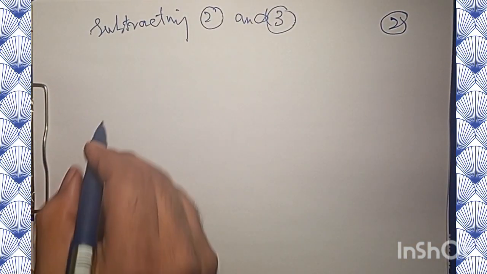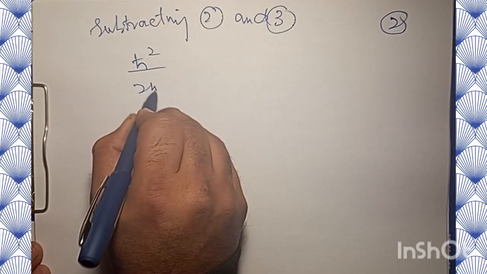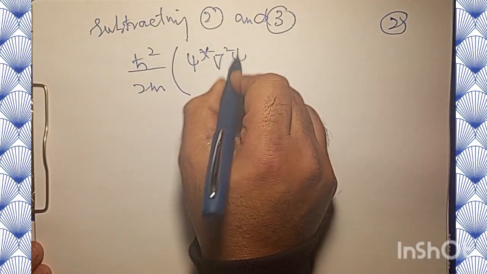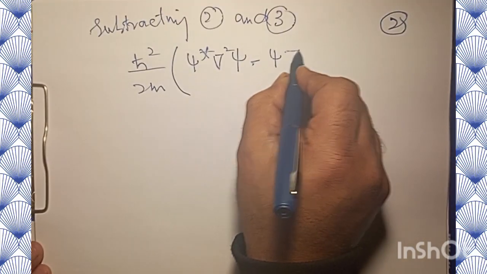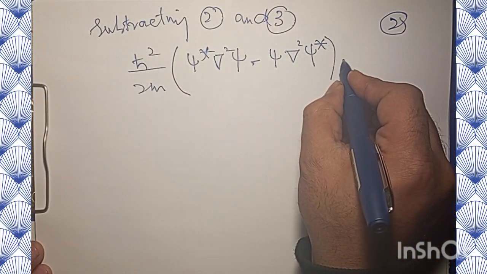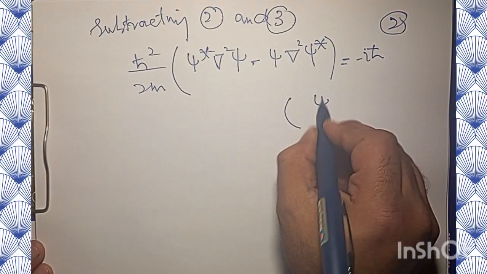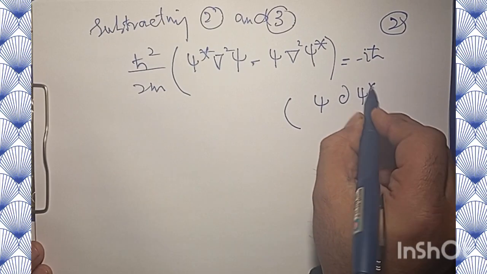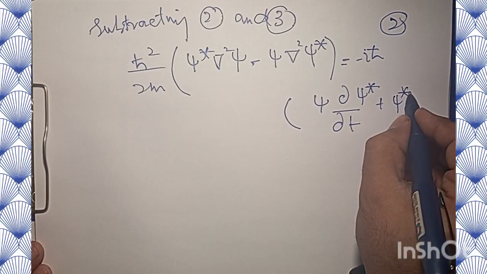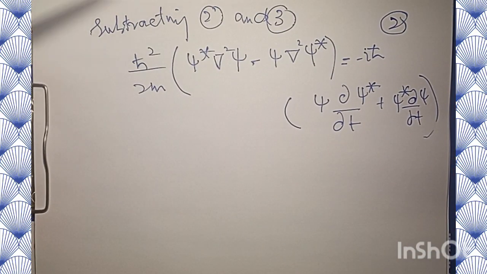Okay, so what we are going to come up with is ħ²/2m times (ψ* ∇²ψ − ψ ∇²ψ*), bracket closed, minus iħ times (ψ ∂ψ*/∂t + ψ* ∂ψ/∂t).